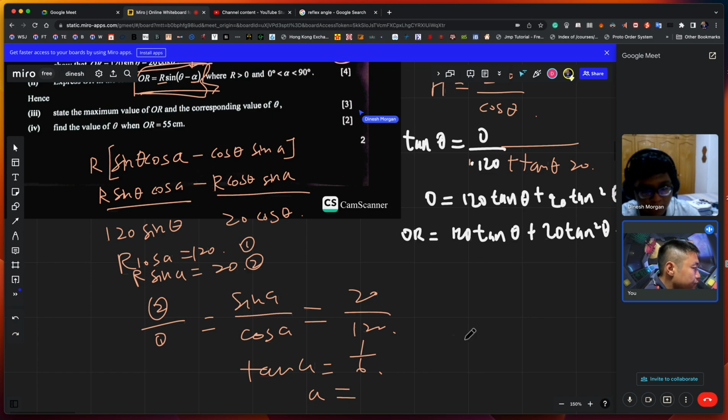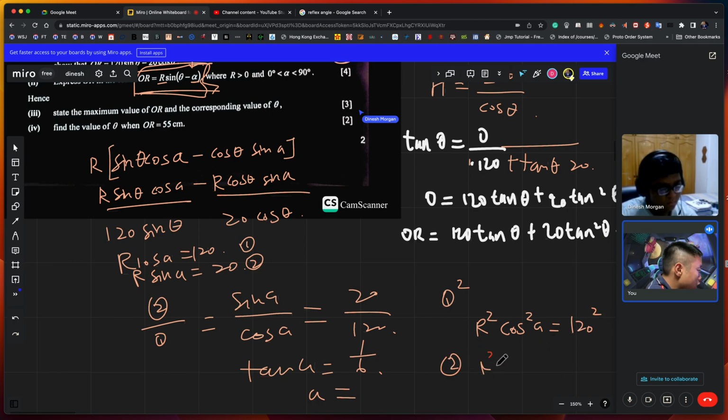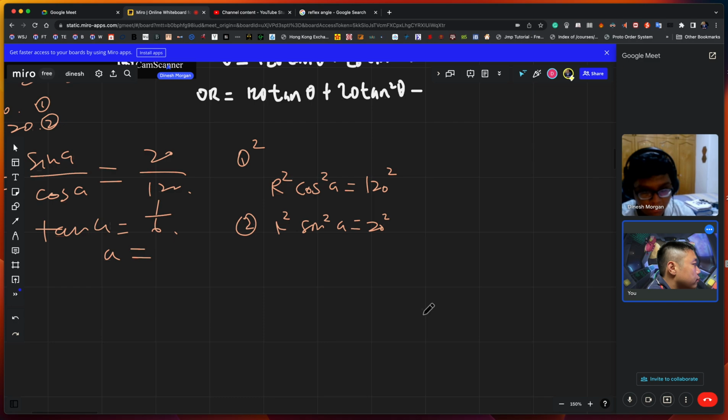Okay? Done. And then how do you get R? You square 1: R squared cosine squared A equals 120 squared. And you square 2: R squared sine squared A equals 20 squared, right?